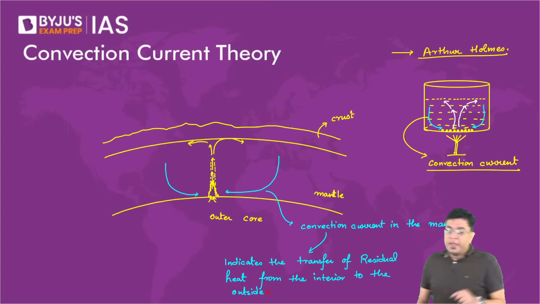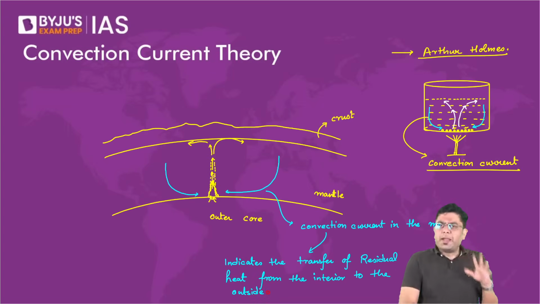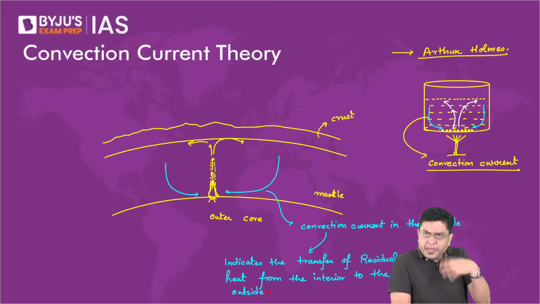Okay. Now, very quickly, let me recap this, then we will proceed ahead with the convection current theory. Basically, what Arthur Holmes suggested was that, just like how you have a convection current, which is important in terms of transfer of heat in a liquid, a similar phenomenon is also observed in the region of the mantle.